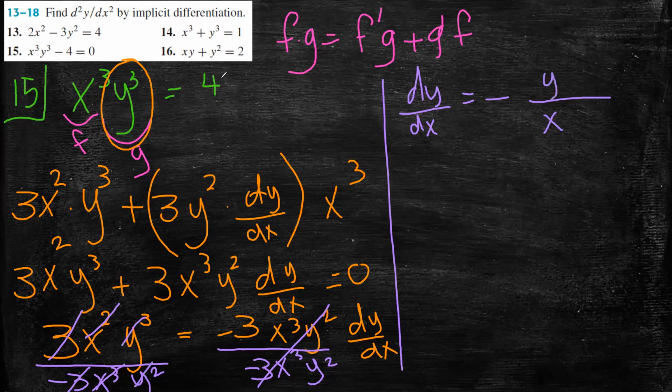So it's negative y over x. After you simplify it, we get negative y over x. Look at it. If I simplify it correctly: 3 cancel 3, negative sign. X squared with x cubic, so we have x in the denominator. And y cubic up and y squared down, we have only y in the numerator.